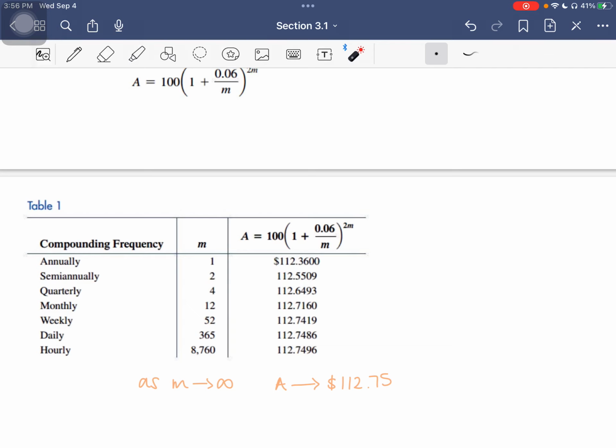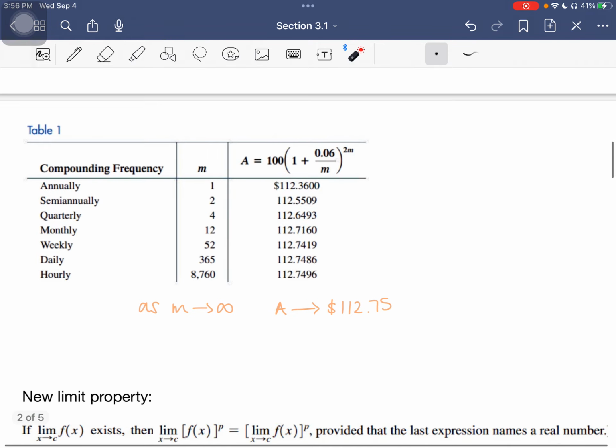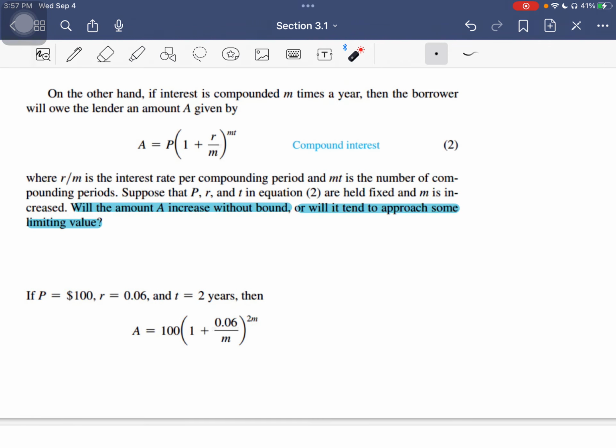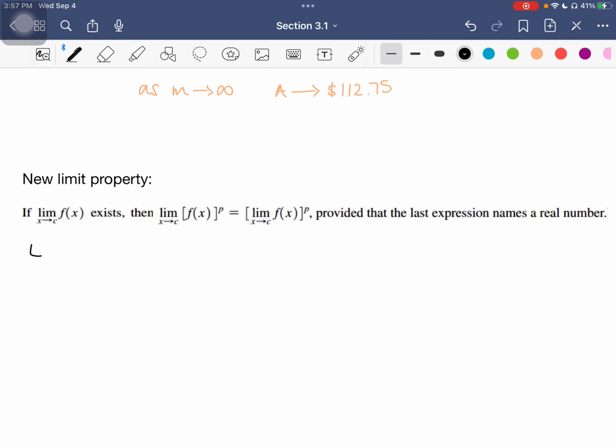All right, so what we're going to do is introduce a new limit property that will help us look at the limit of this as M goes to infinity. So we want to look at the limit of our compound interest formula as M, the amount of times that it's compounded per year, goes to infinity.